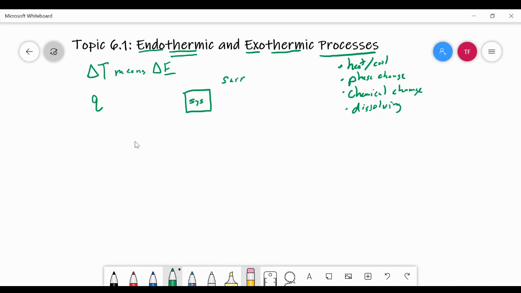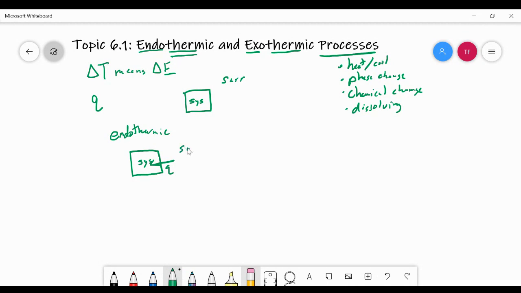So Q means heat. So when we talk about an endothermic process, that means that heat is going into your system. Endo meaning into or in. So energy is going into a system in an endothermic process. Where is that energy coming from?